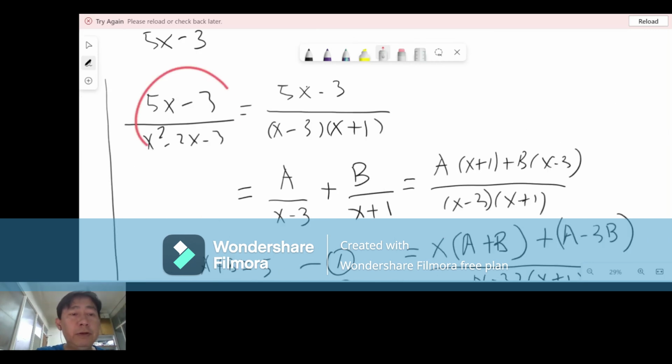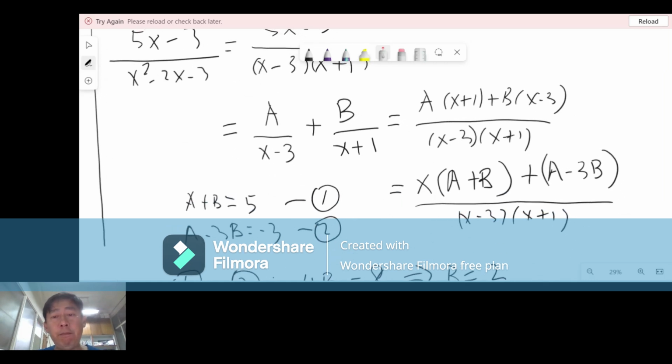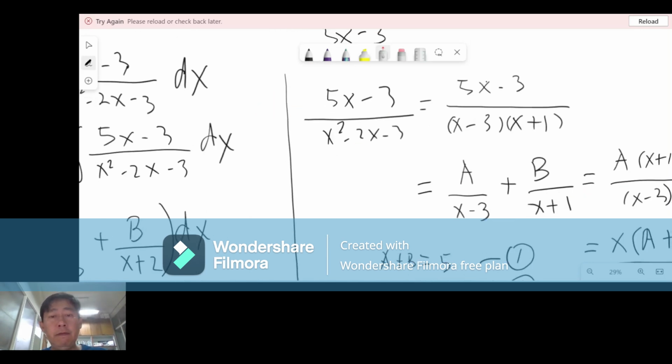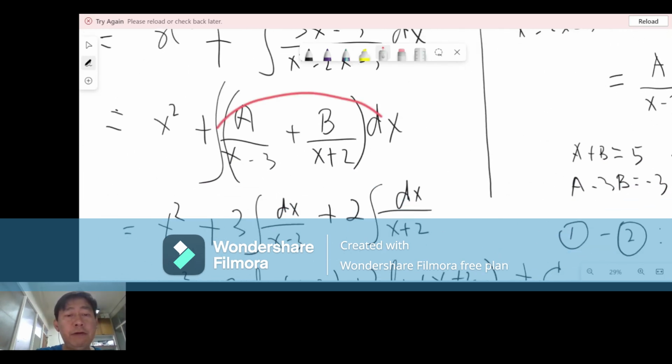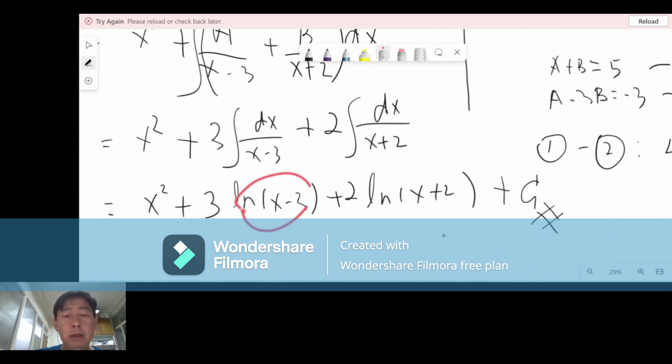The proper fractional function that you obtain after long division can then be expressed as the sum of two partial fractions, and using the standard technique of comparing the coefficients of x and the coefficients independent of x, you'll be able to obtain the numerical values of a and b. Then the integration can be performed on the partial fraction terms to give you the result of the integration straightforwardly.